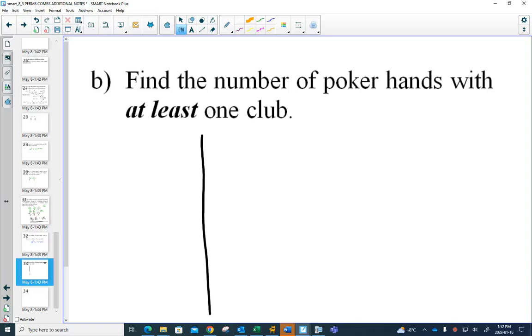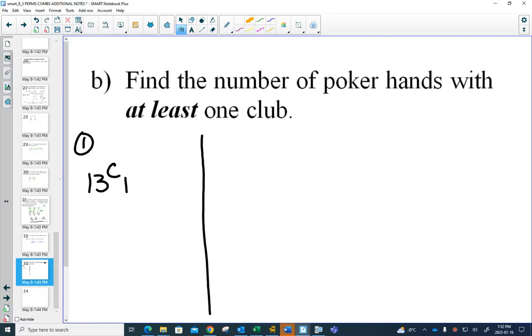So in method number 1, what I'm going to do is I'm going to take out all 13 clubs, pretend. All 13 clubs are now in my hand, and I am going to randomly choose one of them. 13 choose 1. I've got 1 club.